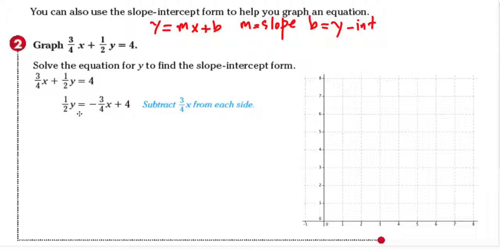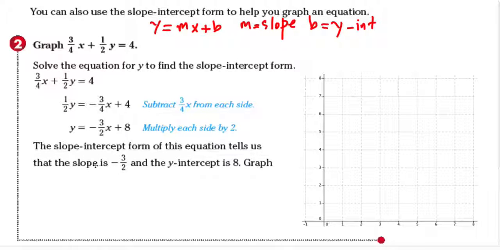So we end up with 1/2 y equals negative 3/4 x plus 4, and then we simply multiply both sides by 2 to undo 1/2. So you end up with y equals negative 3/2 x plus 8. Okay, now it is in slope-intercept form, and this tells us that the slope is negative 3/2 and the y-intercept is 8.